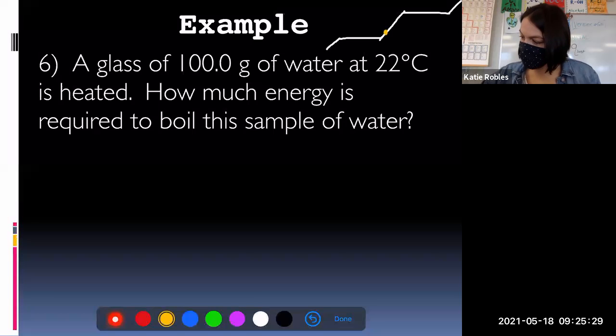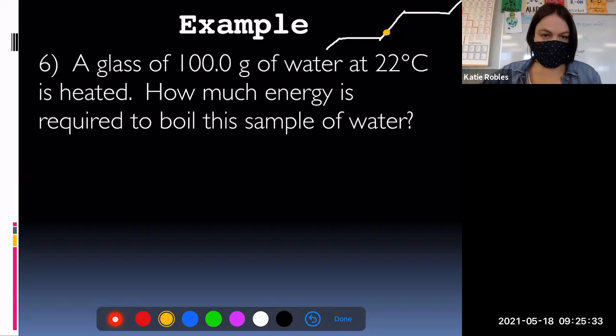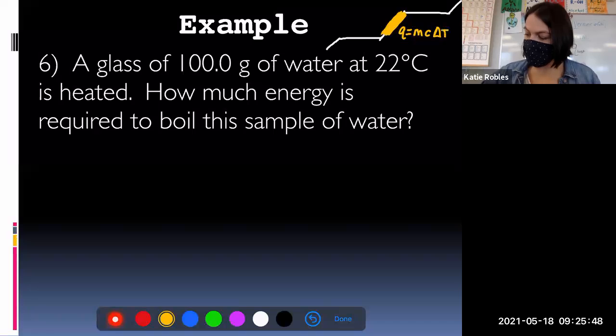So it's here on the graph. How much energy is required to boil this? Well, before I can boil it, I have to heat it up. I have to get through this portion of the graph. That portion is a Q equals MC delta T portion of the graph.